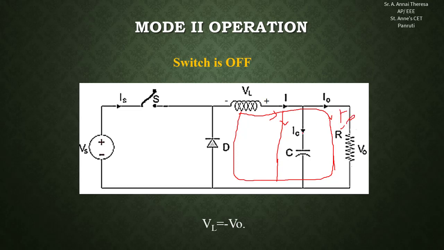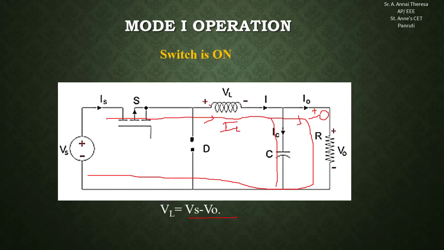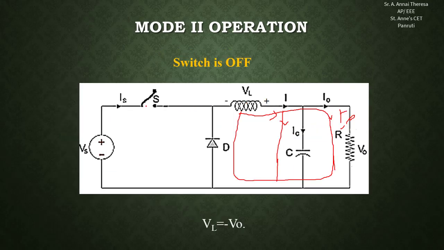Here the freewheeling diode comes into conduction. In the first mode, when the switch was on, the inductor was charging its energy with this polarity, plus over here and minus over here. Now when the switch is off, it is discharging its energy with the opposite polarity, minus over here and plus over here.